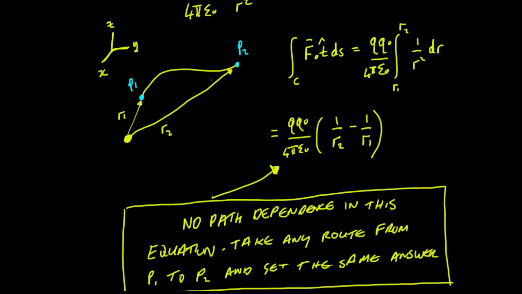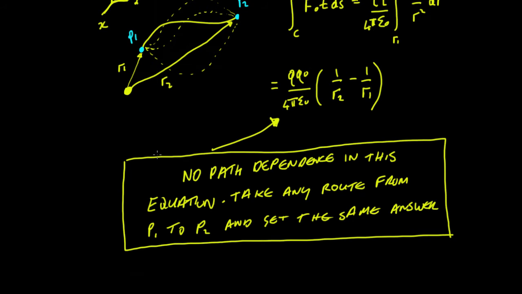If we went any direction and took any other path, we would still get the same value for this integral, because nowhere in here does it mention anything about the path. It only gives you the value dependent on the point R1 and the point R2. So let's continue on. Almost finished.